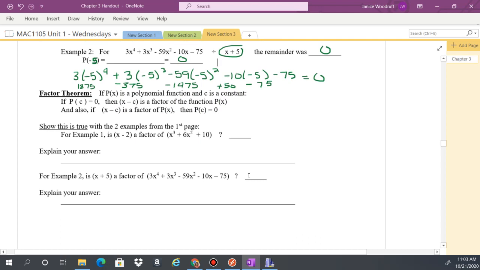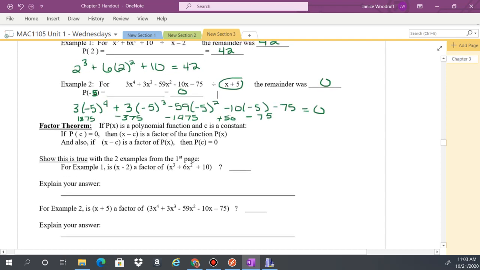So for example, in the first page, is x minus 2 a factor of x cubed plus 6x plus 10? No. The reason why is because when I did p of 2, I got 42. In the other example, is x plus 5 a factor of this function here?